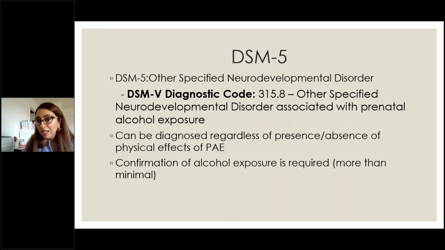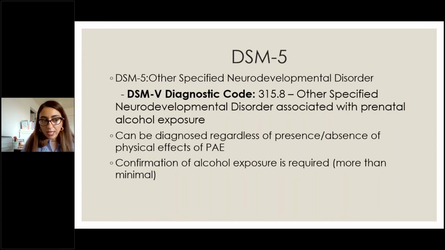So what does that mean? Under DSM-5, if a child did not get evaluated for physical facial features or for the physical impairments, if we can specify that they had central nervous system damage, and if we can confirm alcohol exposure, they can be diagnosed with other specified neurodevelopmental disorder, which is the equivalent of alcohol-related neurodevelopmental disorder.